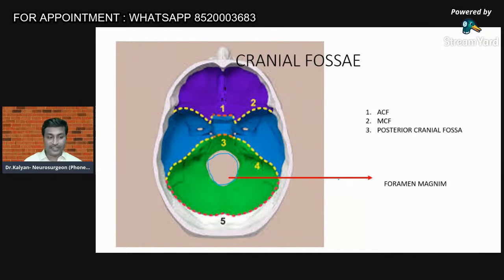The first question is, what is the structure which separates the middle cranial fossa from the posterior cranial fossa? This is a bony structure which separates the middle cranial fossa from the posterior cranial fossa. I'm waiting for your answers.